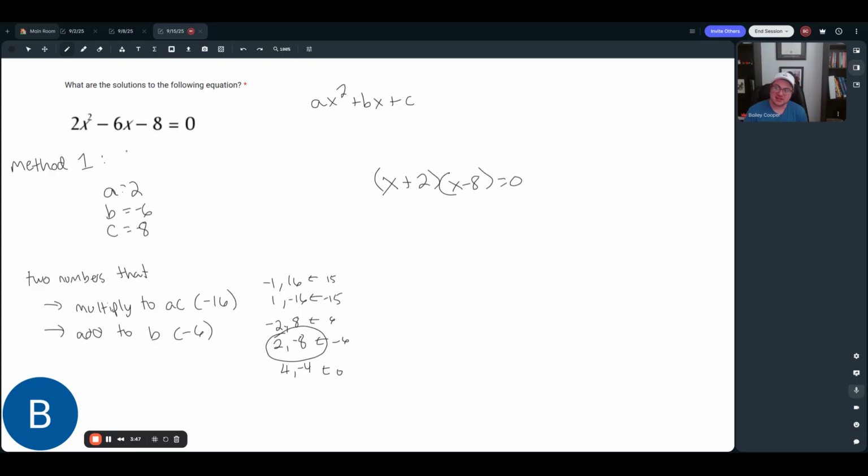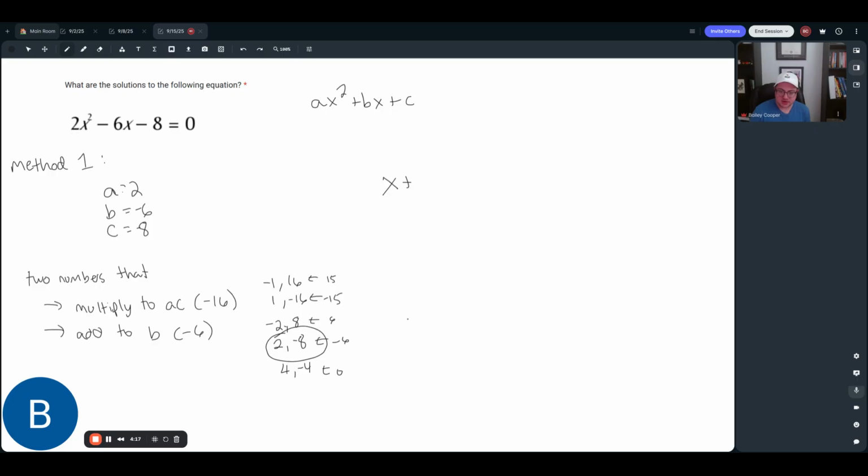But unfortunately, if you have a leading coefficient, this a term that is not 1, you have to go through a little bit of a longer process, because if we distribute all this stuff back out, I'm just going to do this really quick as a check to show you why this doesn't work. We don't end up getting what we started with. We're missing the a term.